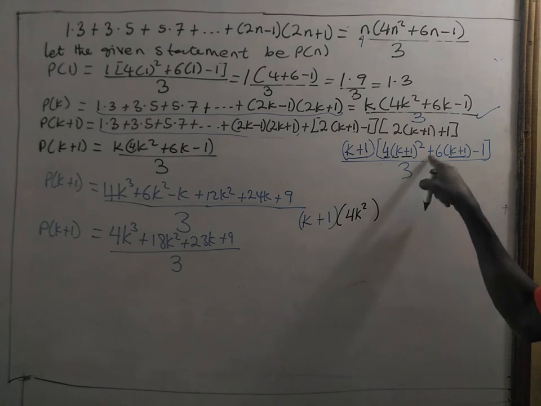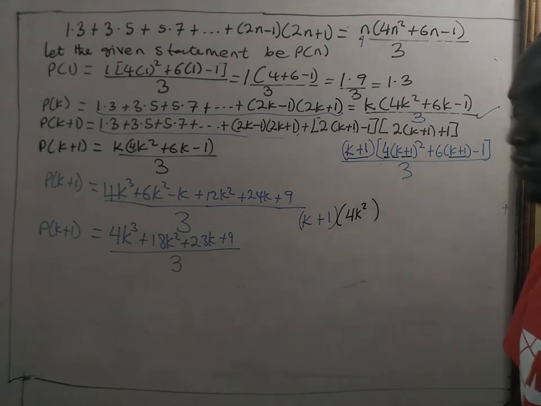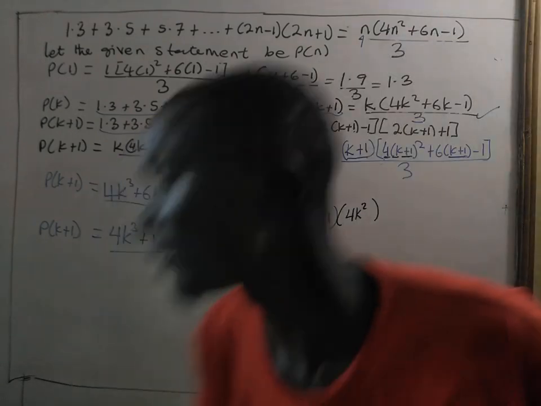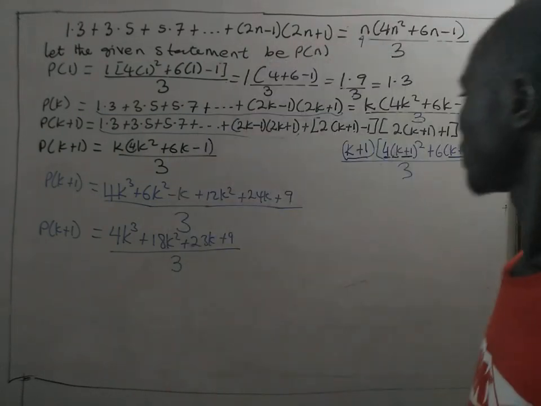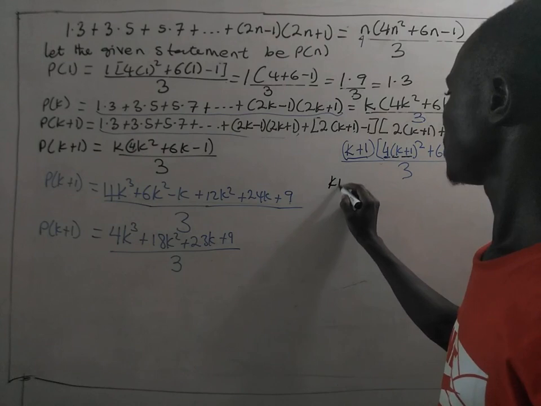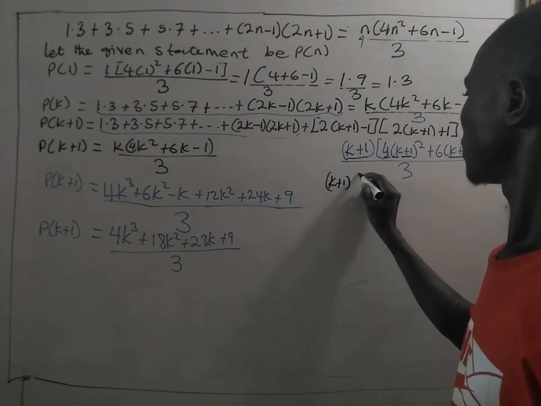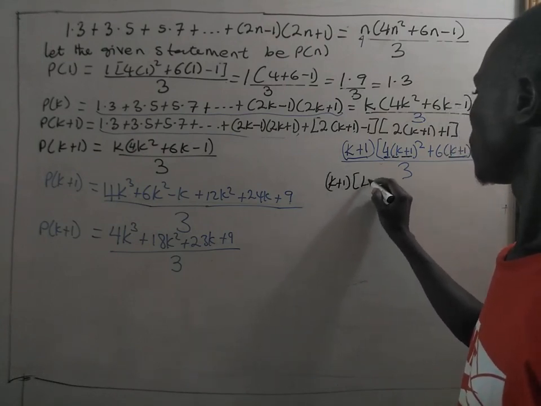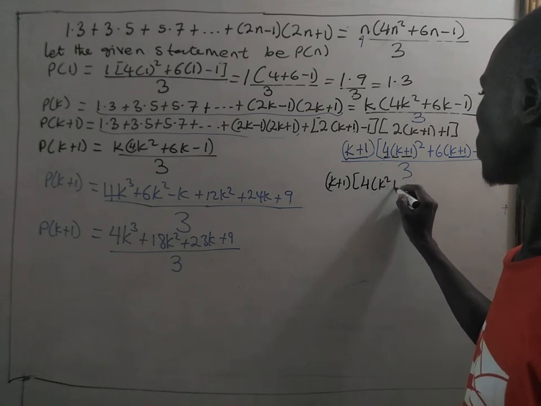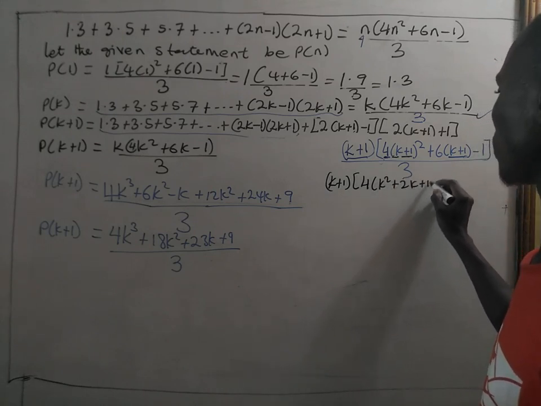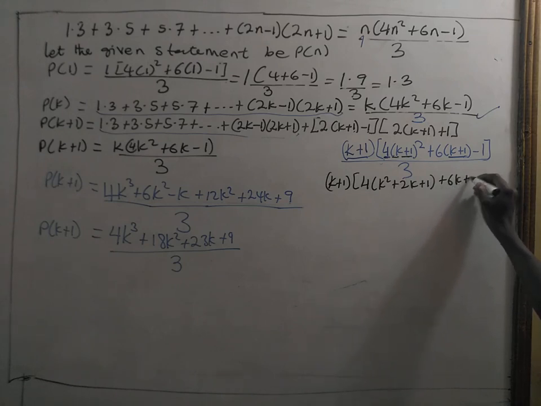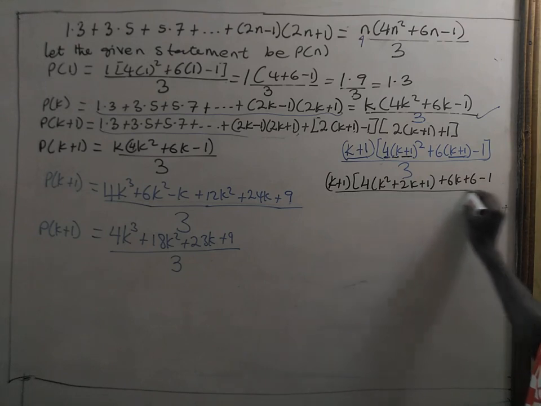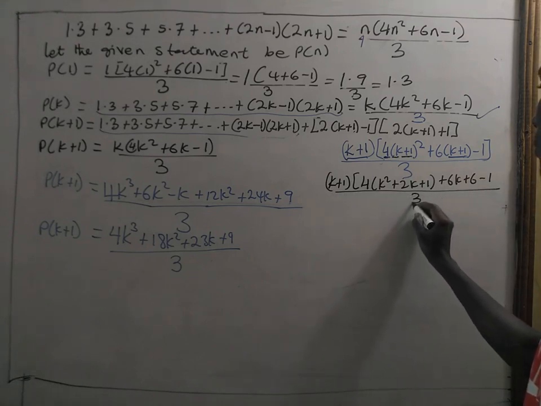Or let me expand this one so that the steps will be very, very much easier for us. Let me expand what is at the top first. For you to see. What's at the top here will be k plus 1 into 4 times k squared plus 2k plus 1 plus 6k plus 6 minus 1, all divided by 3.